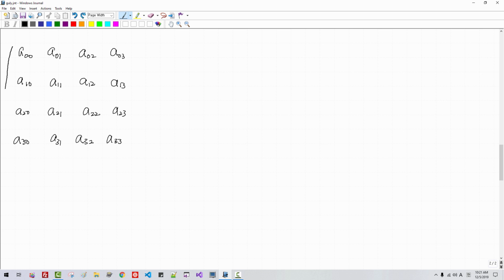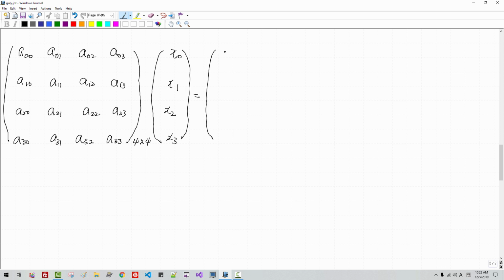So this is a square matrix, a 4 by 4 square matrix. And we have a column vector x0, x1, x2, x3. This column vector equals v0, v1, v2, v3.